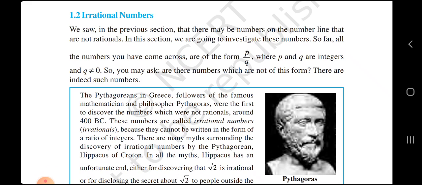Then we learned the rational numbers. Rational numbers can be written in the form of p by q, where p and q are integers and q is not equal to 0.